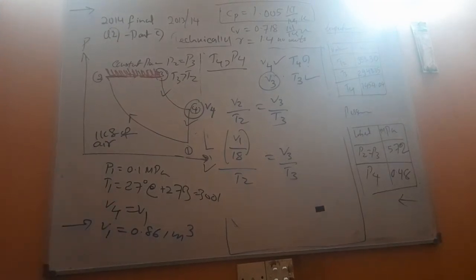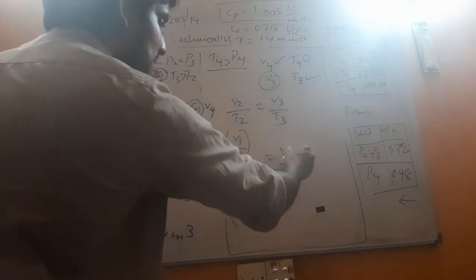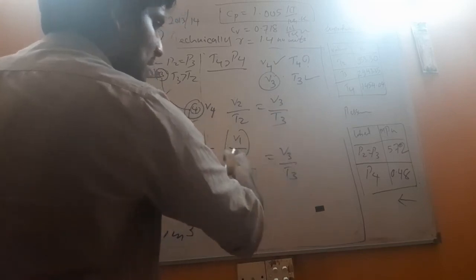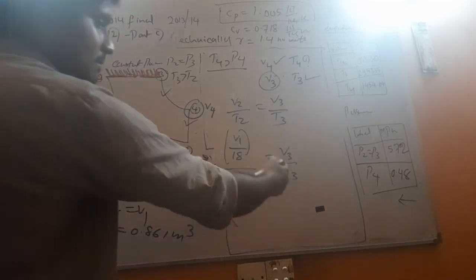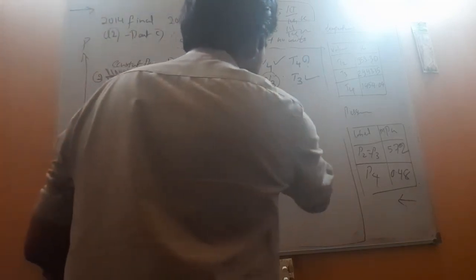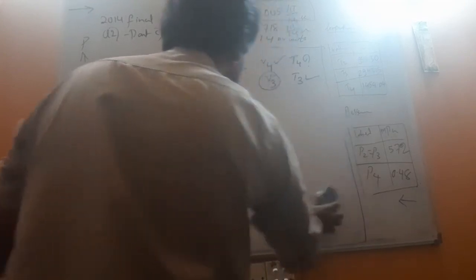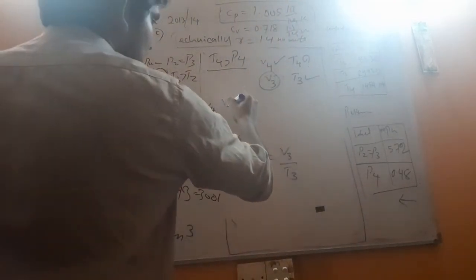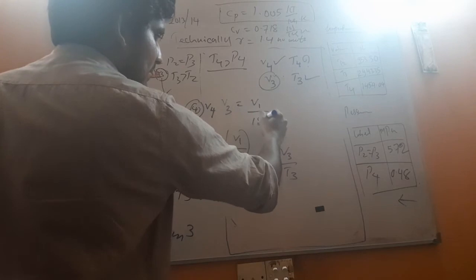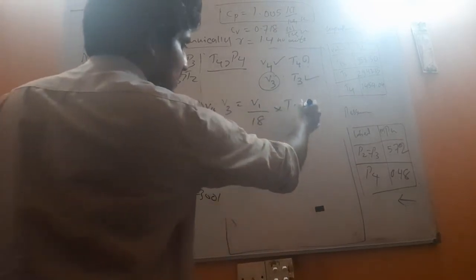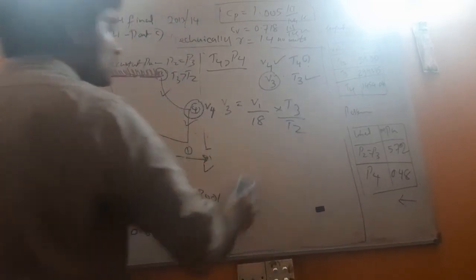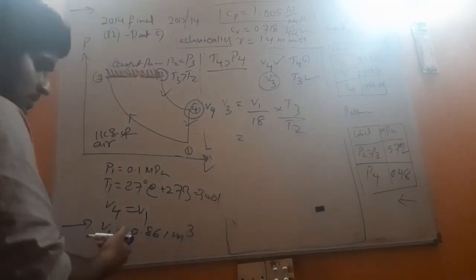Now, what is V3? You can make V3 the subject. V3 equals V1 divided by 18 multiplied by T3 divided by T2. So what is V1? 0.861.